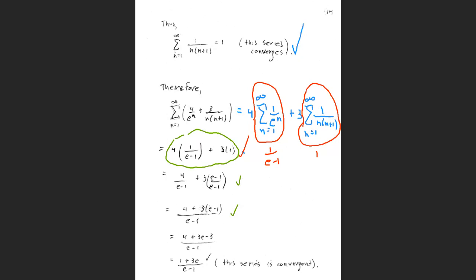So the sum of those two series converges, and that sum would be 1 plus 3e divided by e minus 1, which is a positive sum, right? It would make sense. The terms of both of those series are positive, so the summation has to be positive. The sum has to be positive. Series converges.